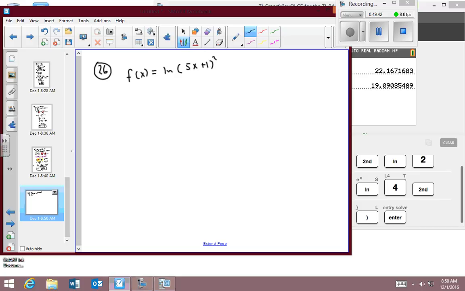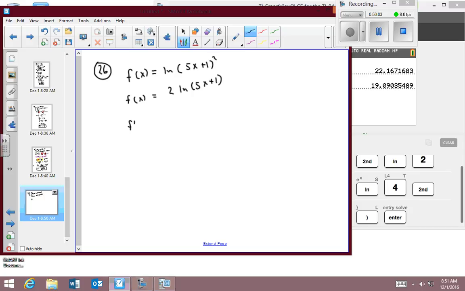Now, using the laws of logarithms, that 2 comes out in front before you start doing the derivative.